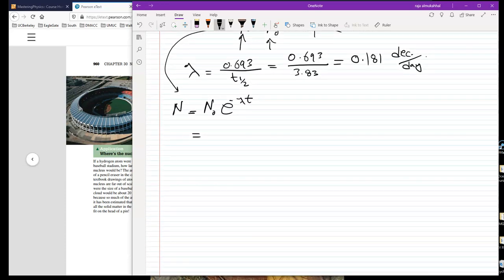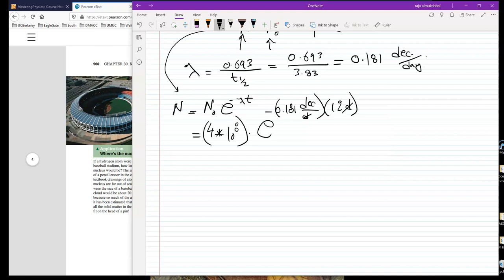So that's 4 times 10 to the 8 times e to the minus 0.181, remember, decay per day, times 12 days. Do you see the trick? The days cancel out. Even if I convert it to seconds, I'm stuck converting the 12 days too, and they cancel out anyway. But as a standard thing, lambda is always in seconds. Keep that in mind.